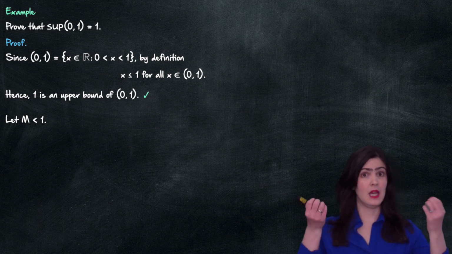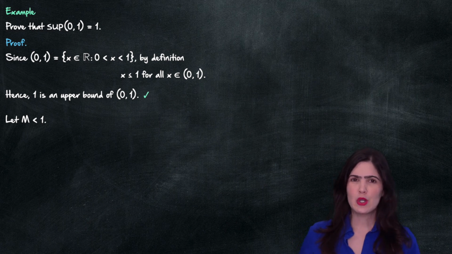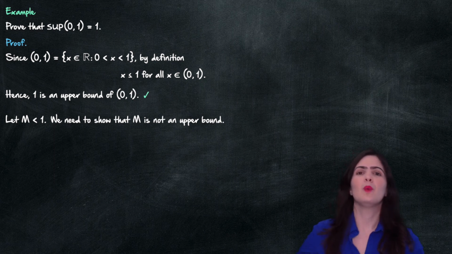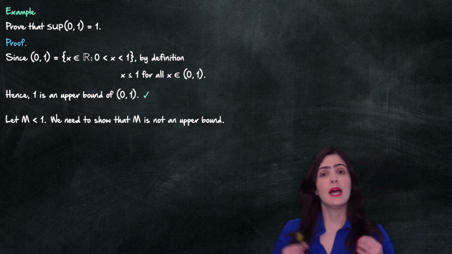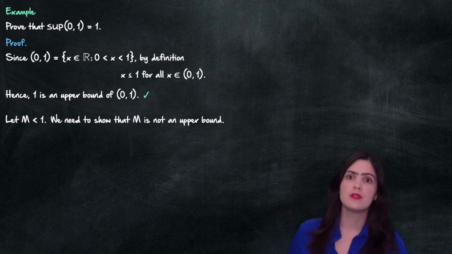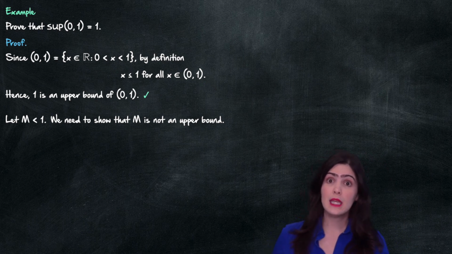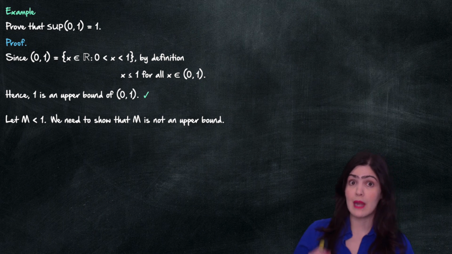I'm going to pick a number m less than 1, and I'm going to conclude that m is not an upper bound. So how do we do this? Well, we want to show that m is not an upper bound, and it's a good idea to write this down to guide the reader, to let the reader know that that's what we're thinking, because the reader cannot read your mind. It can only read what you write.